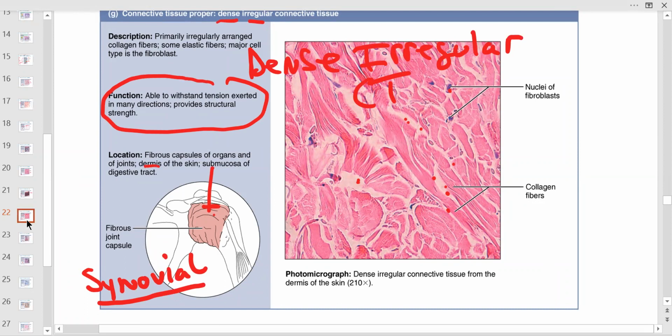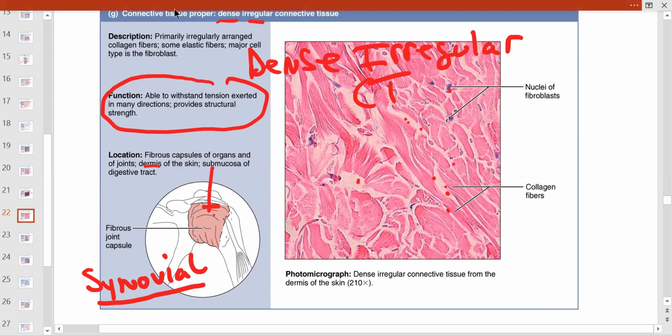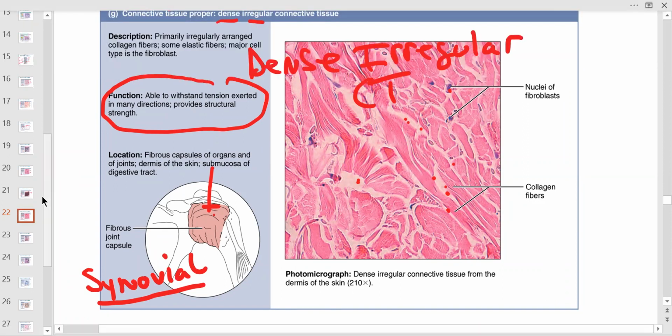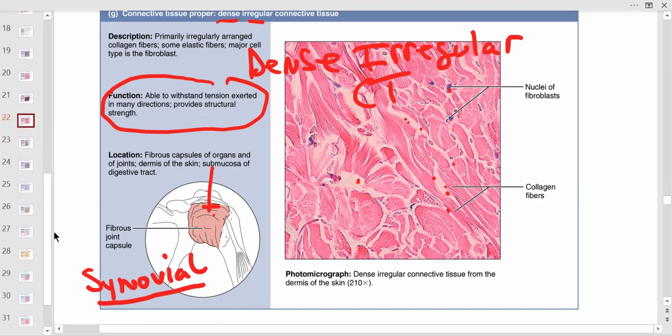But dermis of the skin also. Remember the dermis? Let's go through this. See how your memory is. The skin consists of an outer layer, which is called epidermis, because epi means outer. The epidermis is all stratified squamous epithelial tissue. The dermis is right below that. There's a lot of goodies in the dermis.